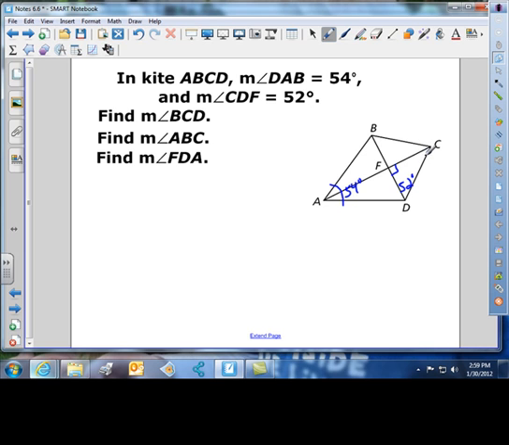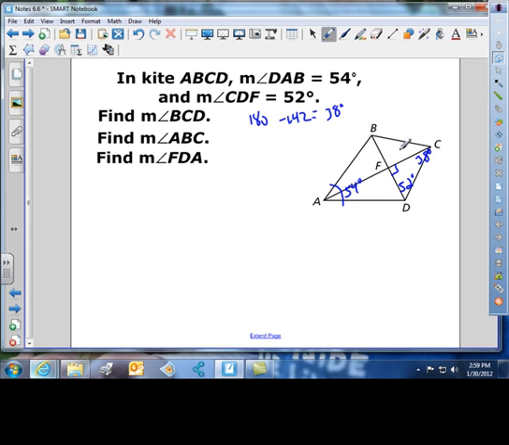So this angle right here, angle FCD, would have to be, if we take 90, add it to 52, that's 142. I'm going to take 180 minus 142 degrees, sorry about that. And that would give me 38 degrees. So this angle right here is 38 degrees.